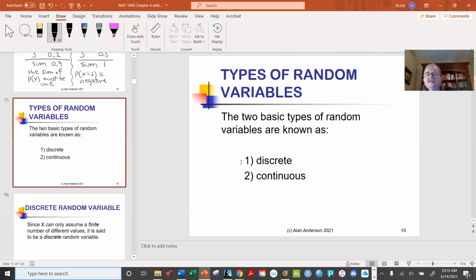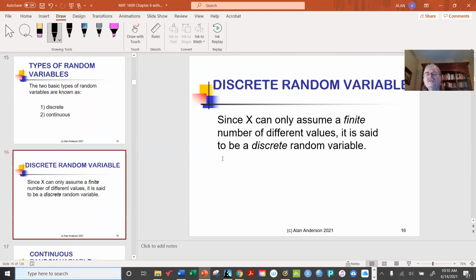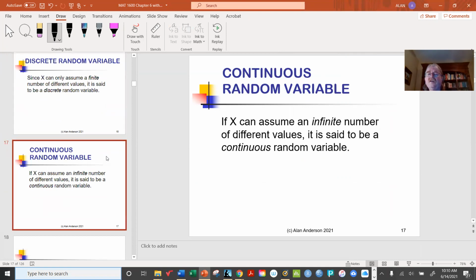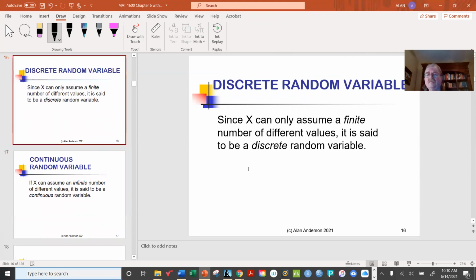So discrete, again, simply means we have a finite number of possible values for X. Although it can be a large number, it just has to be finite. Continuous, which we'll study in the next chapter, can have an infinite number of possible values. Now, typically the way it works out, mostly with discrete random variables, they're restricted to integers, although not always.